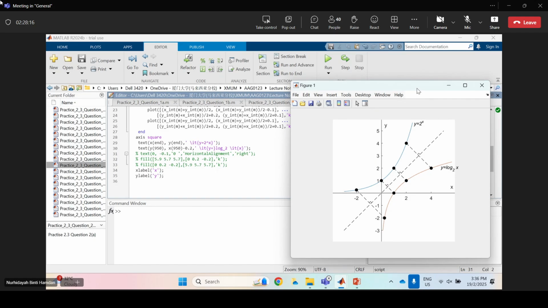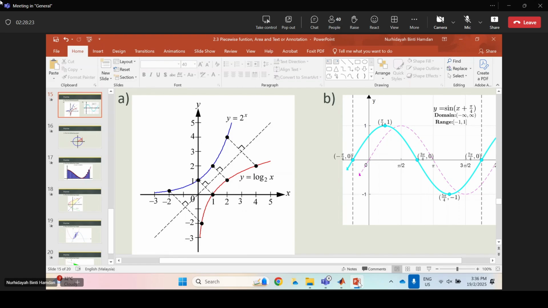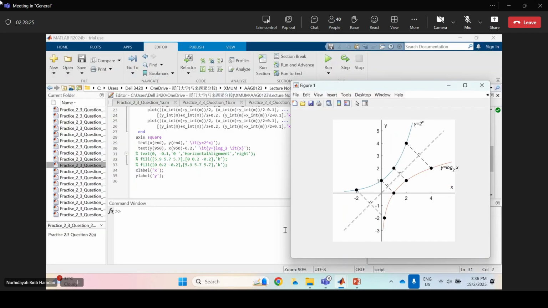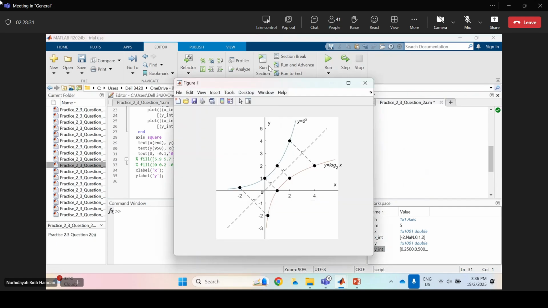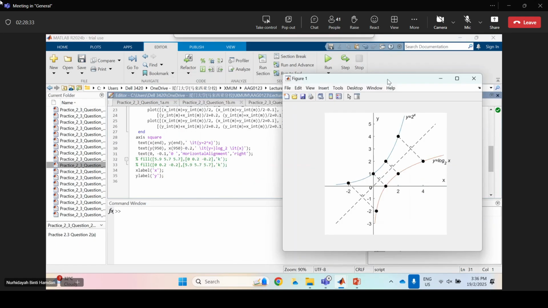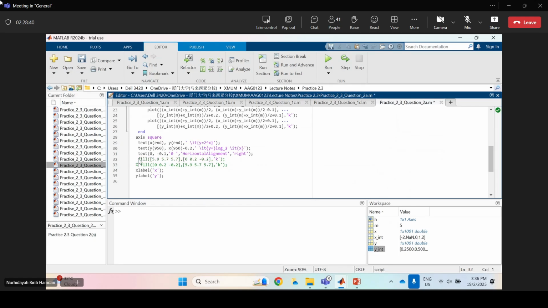Now I want the text to be like this. I do the alignment, which is on the right side. So it's already done. And this one without the arrow, so I just copy paste the arrow code that we did before.